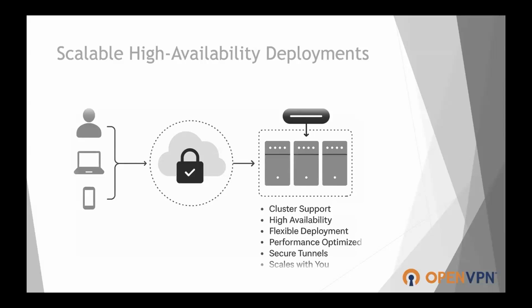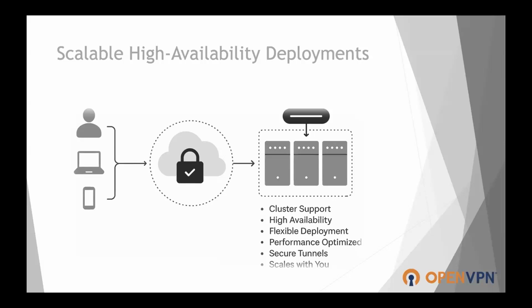And then they can act as one huge logical access server, so that you can handle a lot of incoming connections as well as provide high availability. So even if one node crashes, the traffic can be shared among all the other active nodes.